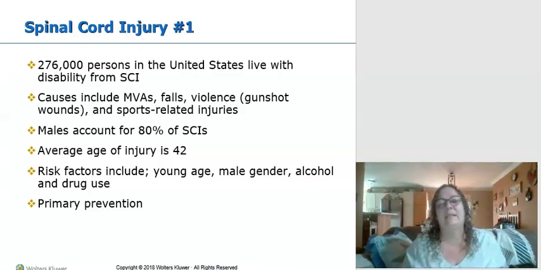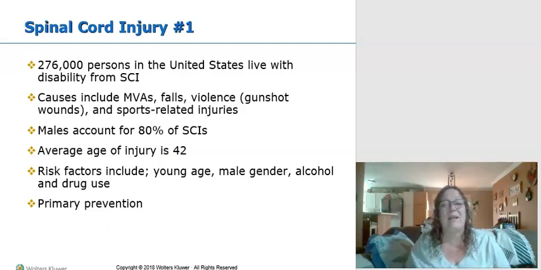So about 276,000 people in the United States live with some sort of disability from a spinal cord injury. Causes could include motor vehicle accidents, falls, violence, whether that's assault, gunshots, that sort of thing. Sports-related injuries can cause spinal cord injury.